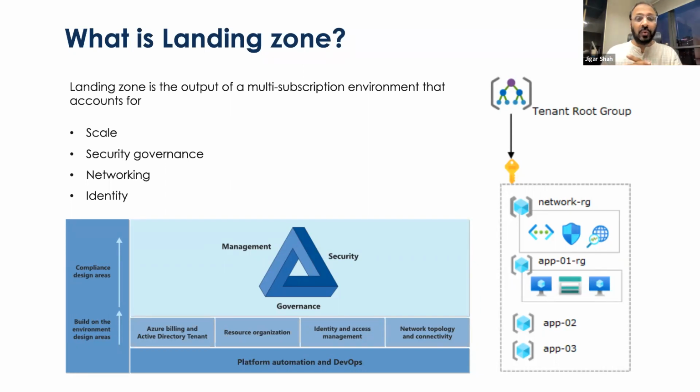It's equally difficult to control the cost of your ingress and egress traffic. Hence, the connectivity topology and the connectivity subscription within the landing zone becomes very crucial, and that needs to be considered in your design principles when we talk about landing zone.